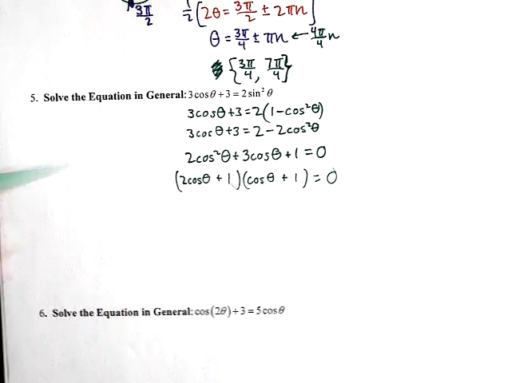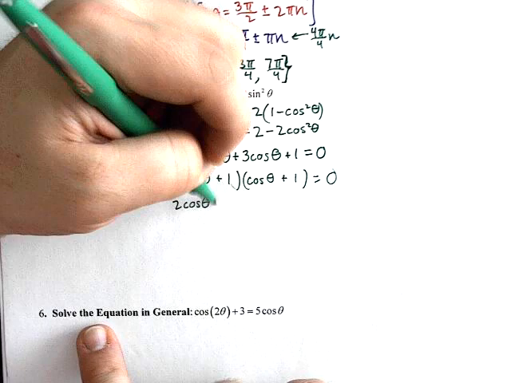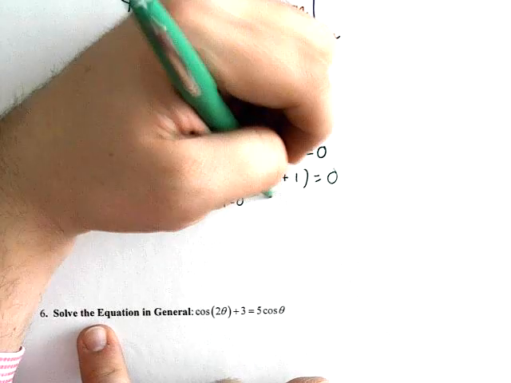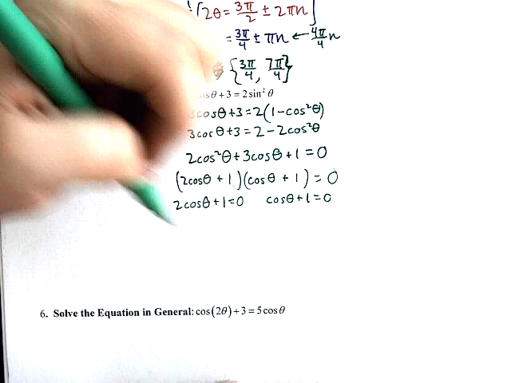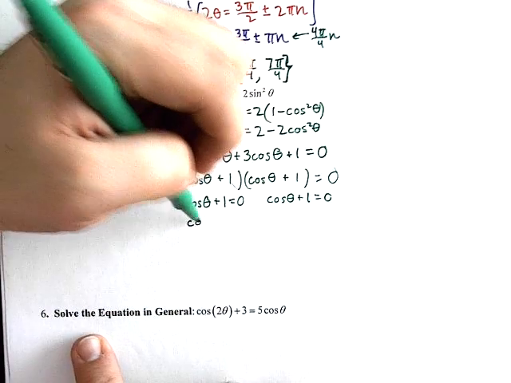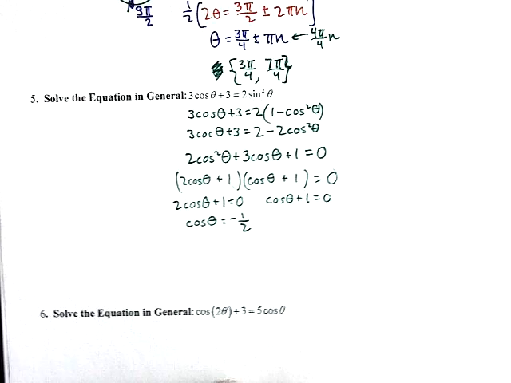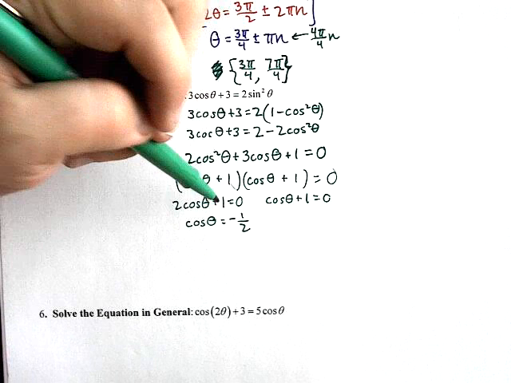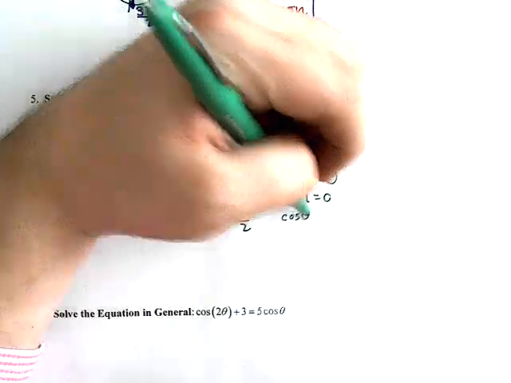So the best part about this is that now I can use the zero product property. 2 cosine theta plus 1 equals 0. Cosine theta plus 1 equals 0. And I just keep solving. So that's going to be cosine theta equals negative 1/2. I skipped one step, so hopefully you see I subtracted 1 and divided by 2. And then I have to subtract here.